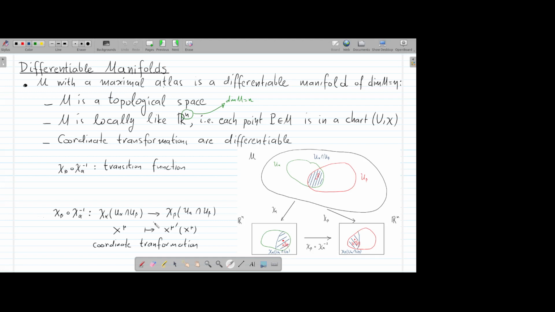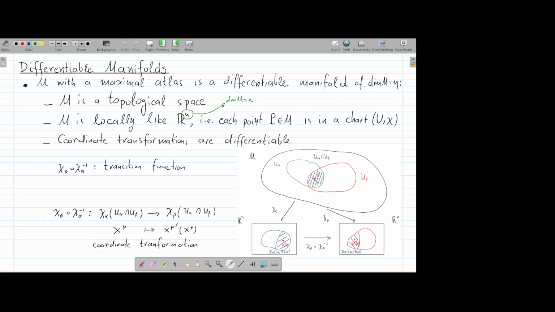The differential structure is added by considering coordinate transformations. The charts are not unique, and the point P may belong to different charts. That means we have a chart defined by U alpha, chi alpha, and U beta, chi beta. That maps this neighborhood of P, U alpha, to its image chi alpha of U alpha, and U beta to its image chi beta of U beta.